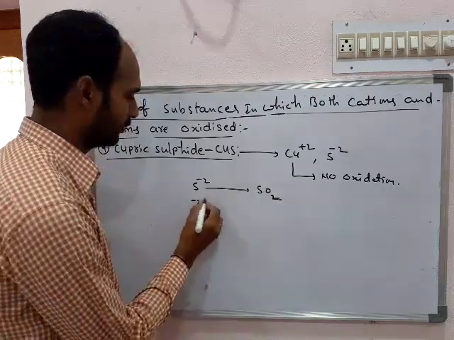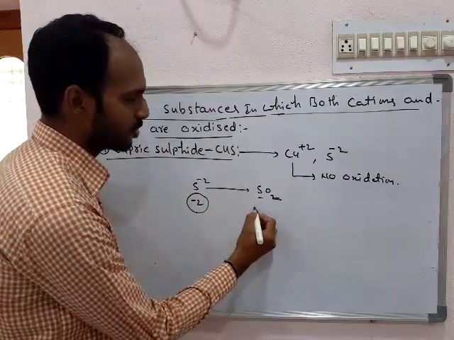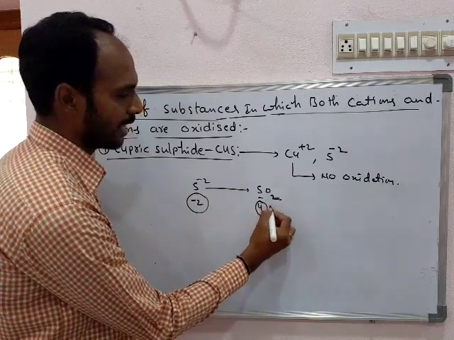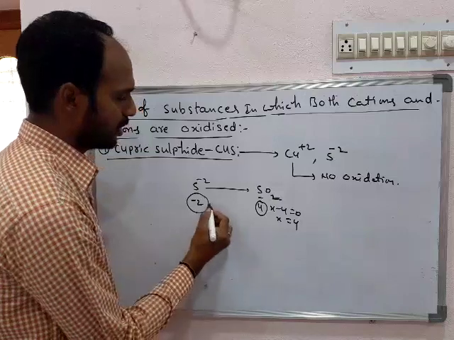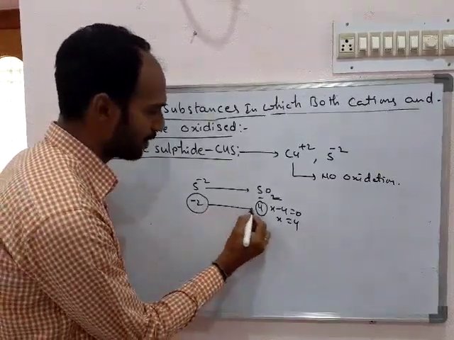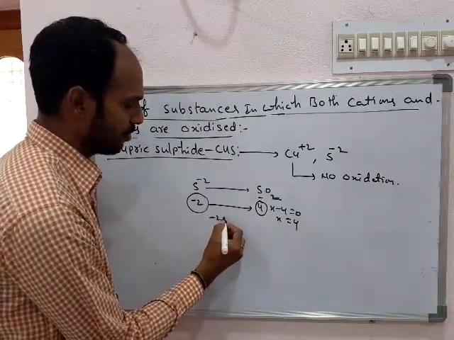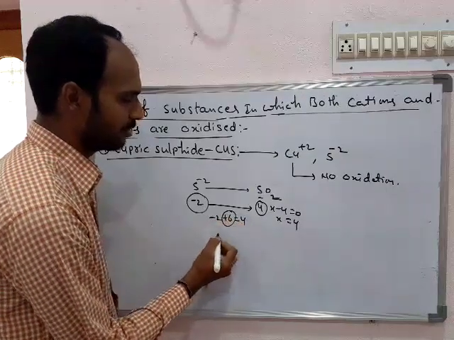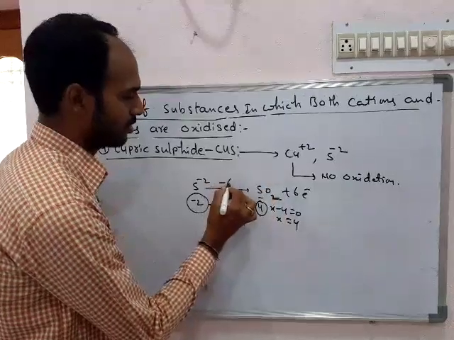Here the sulfur oxidation number is -2; in SO2, x minus 4 equals 0, x equals 4. So the sulfur oxidation number increases from -2 to +4. So what is the difference? -2 plus 6 becomes 4, means the difference is 6 electrons. It loses 6 electrons.